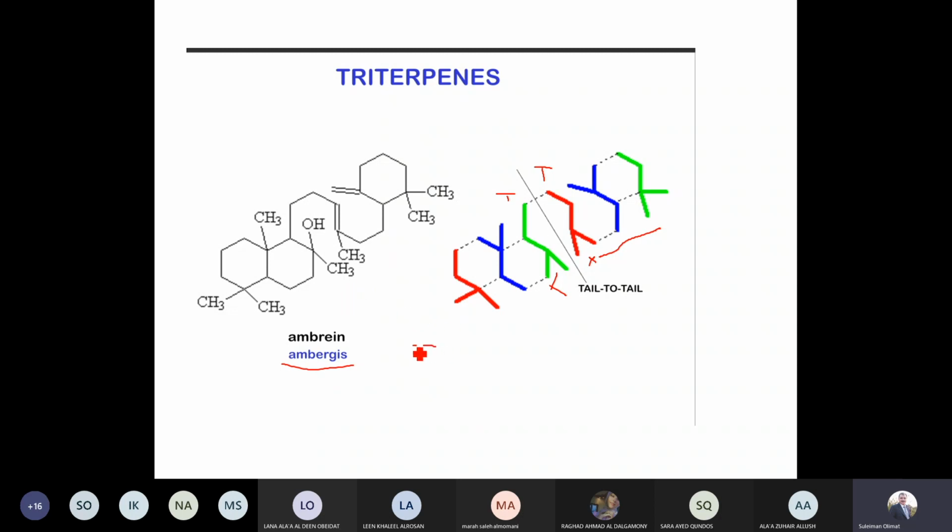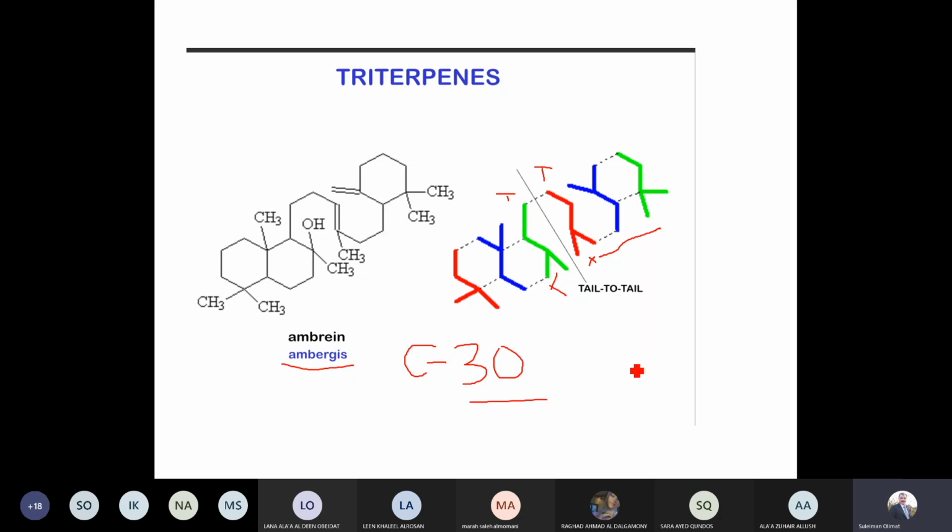What do you mean by triterpene? From what we mentioned, the name mono 10, di 20, tri 30, is a triterpene. So triterpenes have 30 carbon atoms, biosynthesized via the mevalonate pathway via conjunction, tail to tail, of farnesyl pyrophosphate.